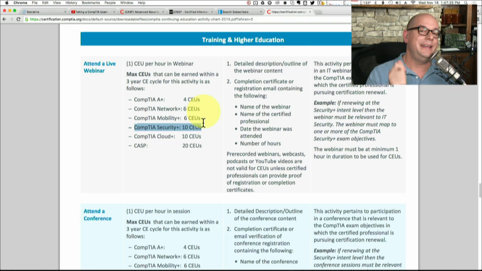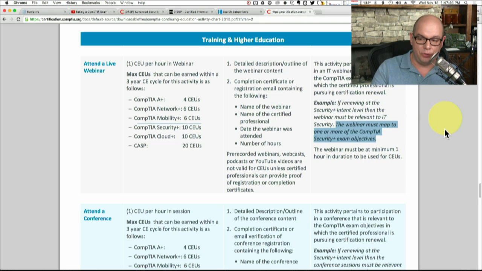However, since networking is on the Security Plus exam, and they say the activity pertains to IT webinars relevant to the CompTIA exam objectives, the webinar must map to one or more of the CompTIA Security Plus exam objectives.